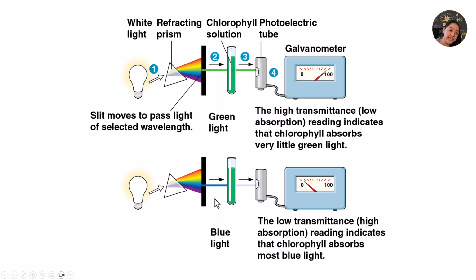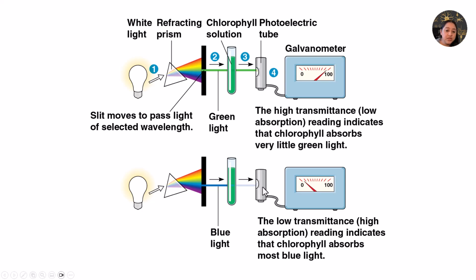But if you were to change the wavelength that's getting shown, say it's a wavelength that corresponds to blue, and you shine this blue light through the sample, chlorophyll does absorb a lot of blue. So a lot of it is going to be absorbed, and not a lot is going to be transmitted.